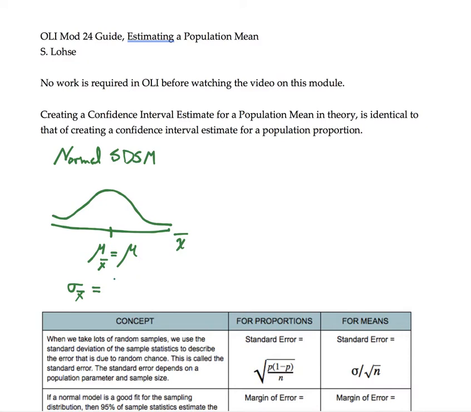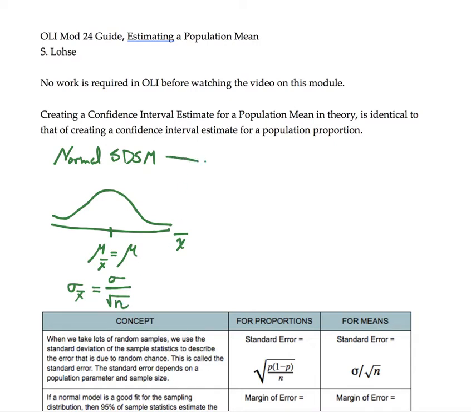So the formula that produces that is the population standard deviation sigma divided by the square root of the sample size. And again, having that sample size in the denominator means as it gets larger and larger, the overall fraction, the standard error, is getting smaller and smaller.